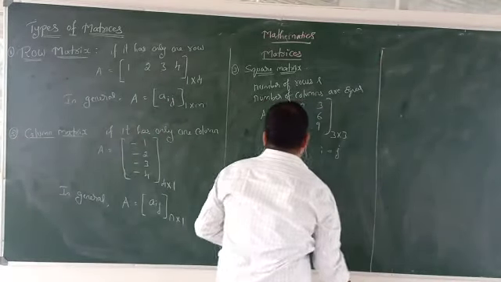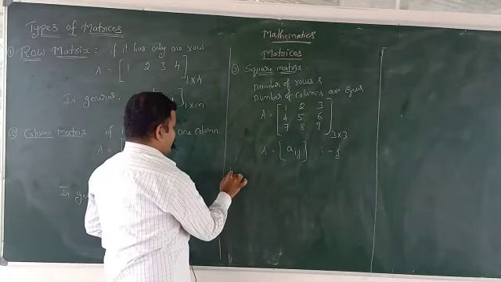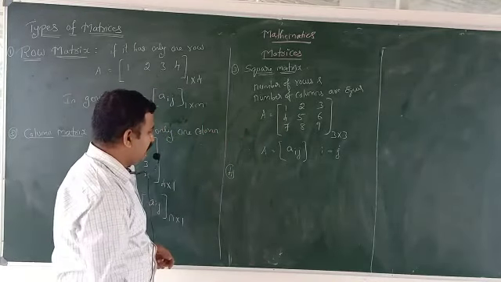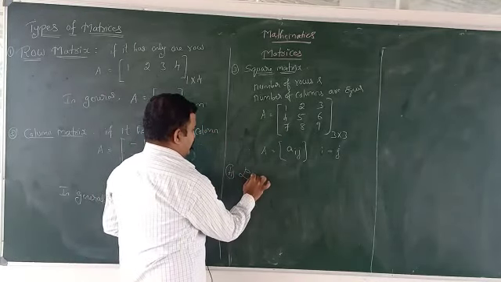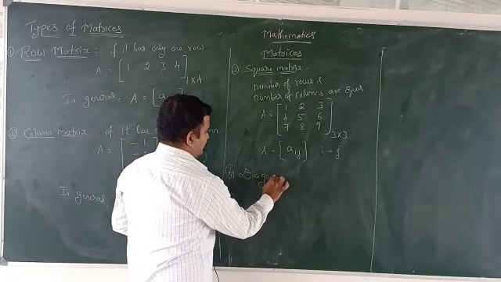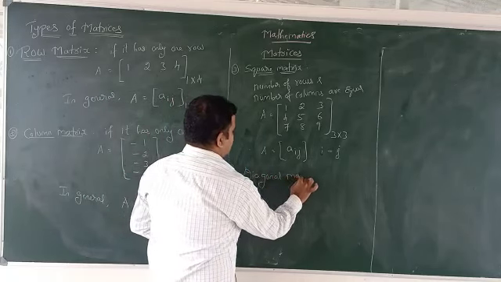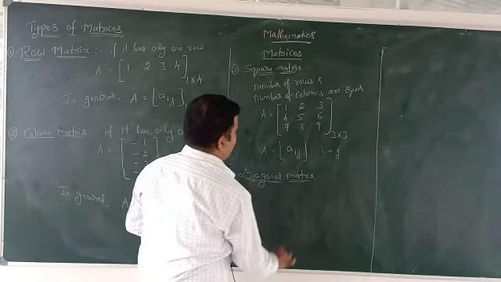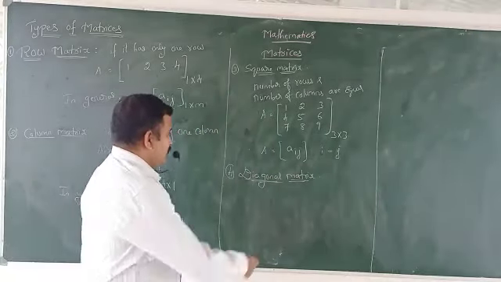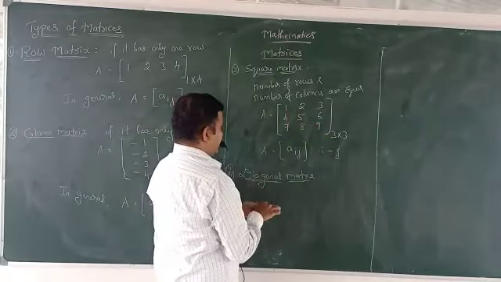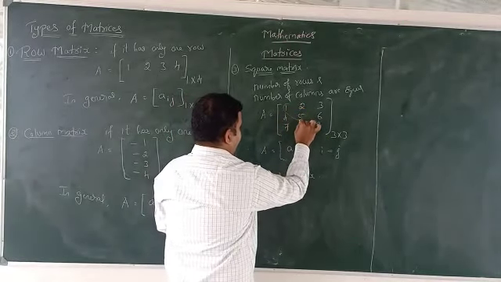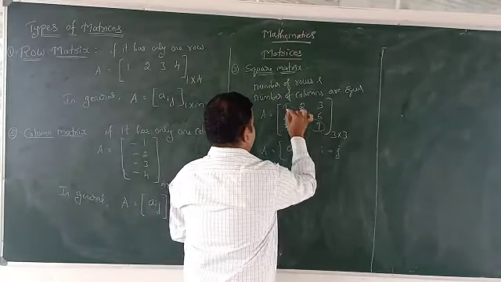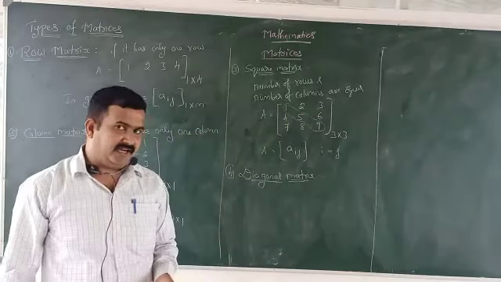Next, let me go to the fourth one, the diagonal matrix. In the square matrix, another point: 1, 5, 9 tells you the principal diagonal elements.